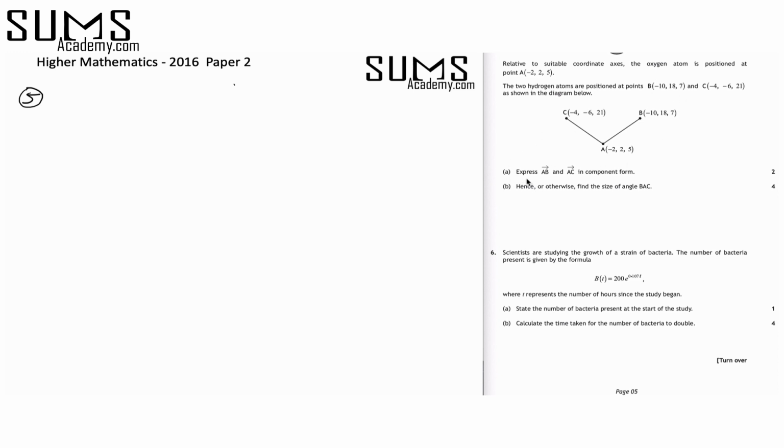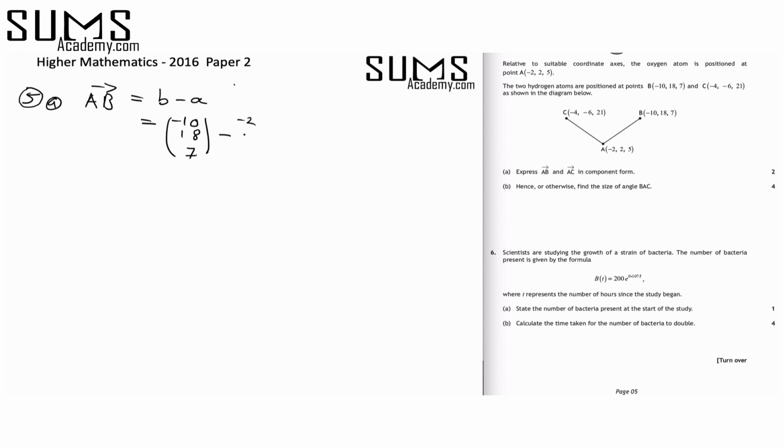And we're asked in part A to express AB and AC in their component forms. So this is pretty straightforward. We just need to know AB in component form, which is the same as B minus A. B is (-10, 18, 7) minus A, which is (2, 2, 5).